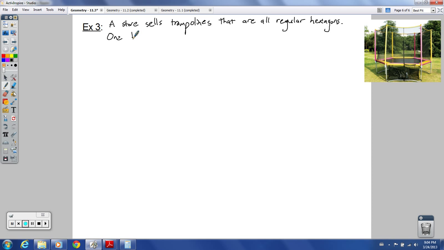One trampoline has a side length of about 4.5 feet and an area of about 52.6 feet squared.